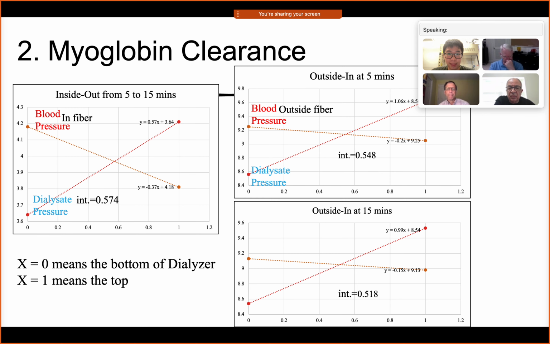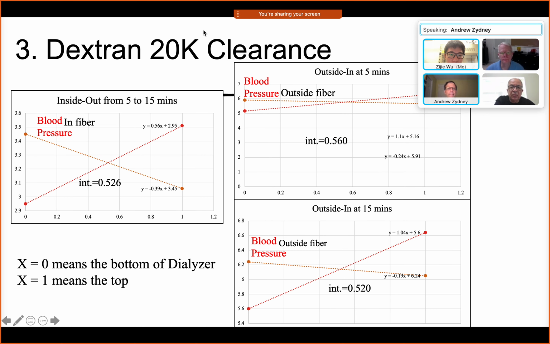And this is the pressure drop for the Dash Trend 20K, and same case, the intercept is around the center, so pretty consistent. I also have the pressure drop data at different time points to make sure they are not clogging. And the pressures are pretty consistent over the whole clearance experiment.